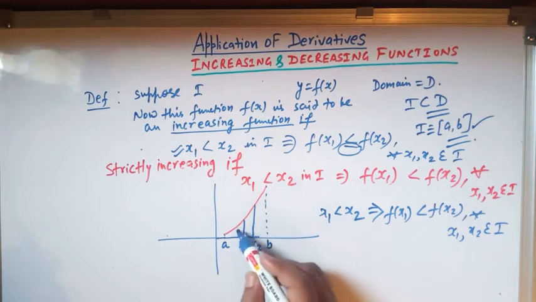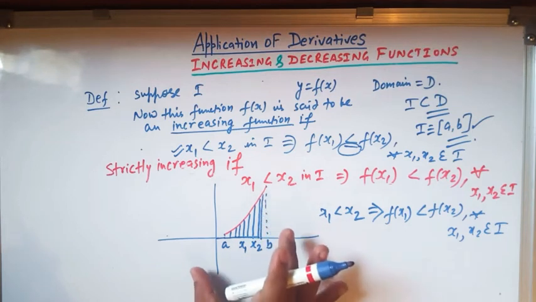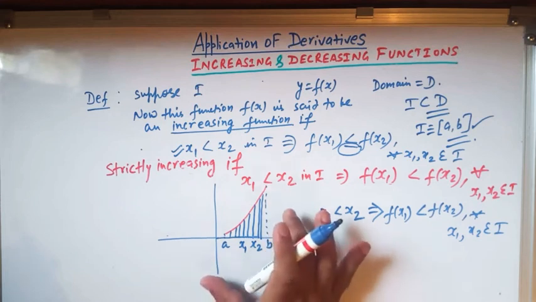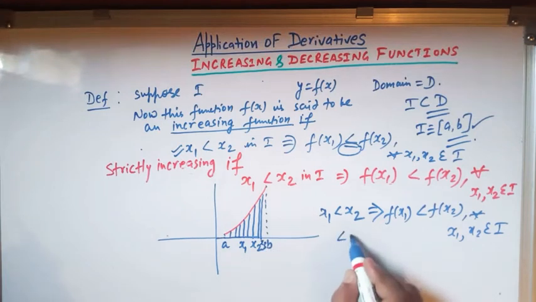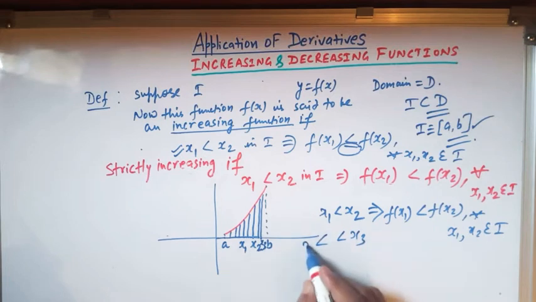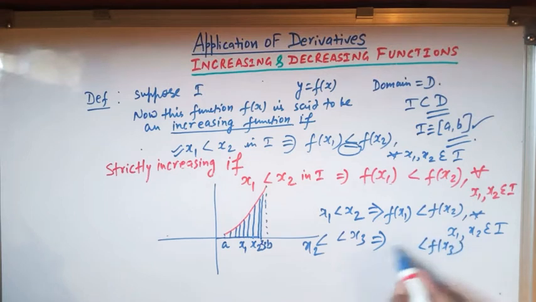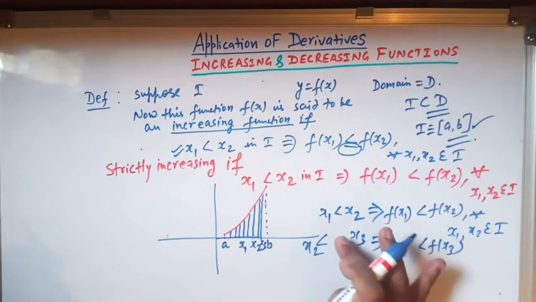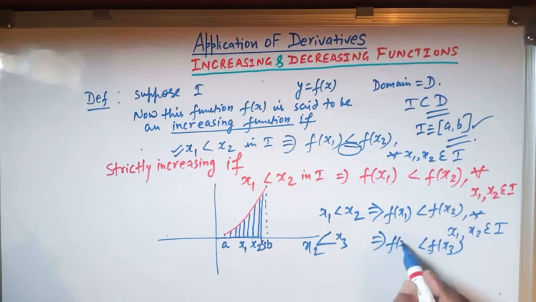The height of this graph always increases for any two points. If I take x3 greater than x2, then f(x3) is greater than f(x2).